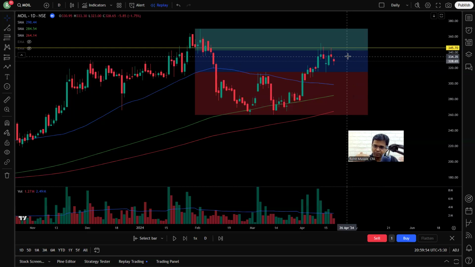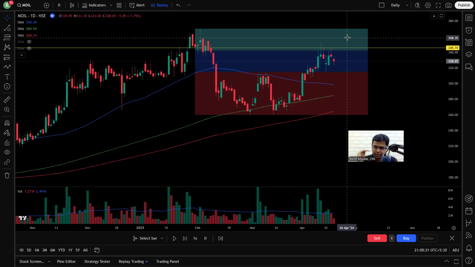Because when I'm buying from the blue zone, it is riskier than buying from the green zone. Okay, so when the yellow line is in the blue zone, I need minimum 6 points in the base. When the yellow line is in the green zone, I am okay with 4 points in the base because it is very near to the 52-week high or the all-time high. Okay, so I'm more comfortable buying from the green zone.